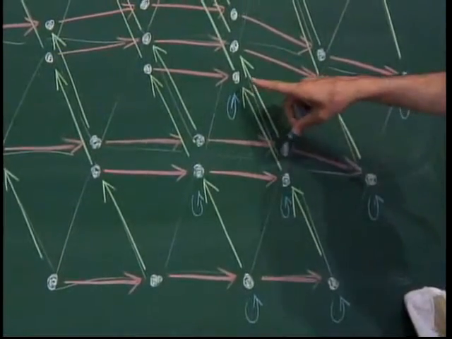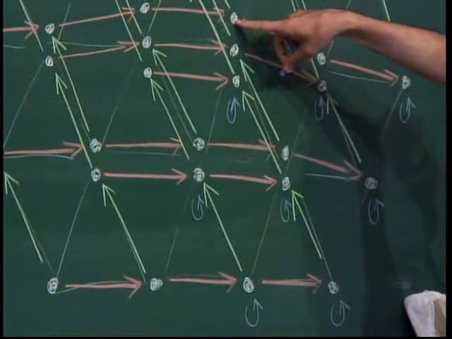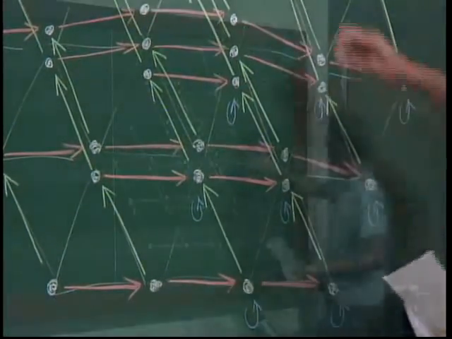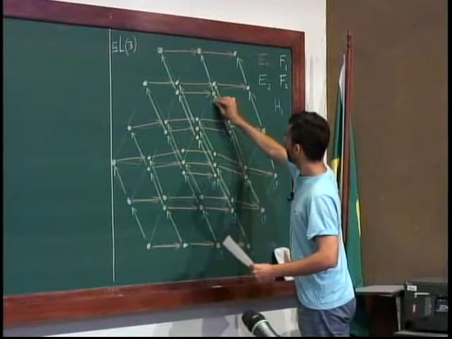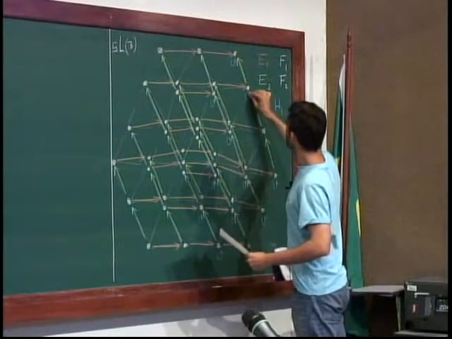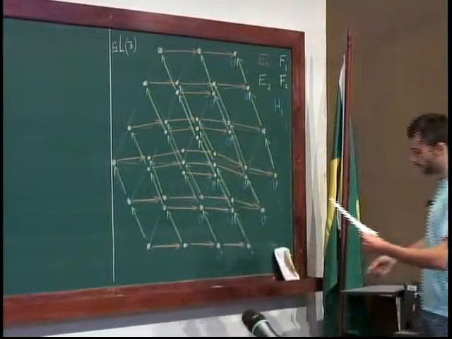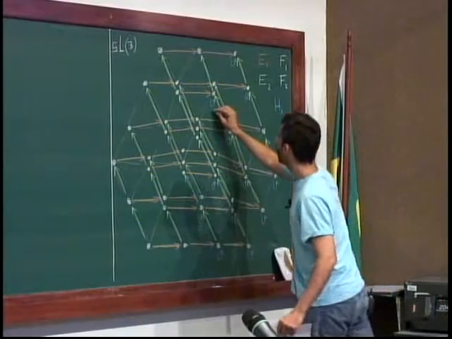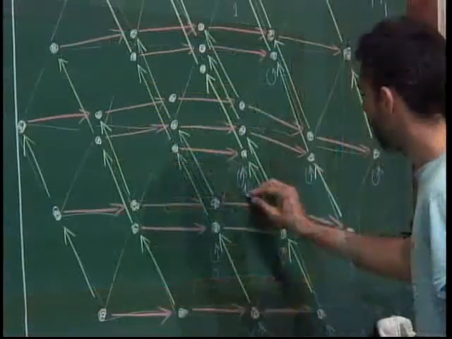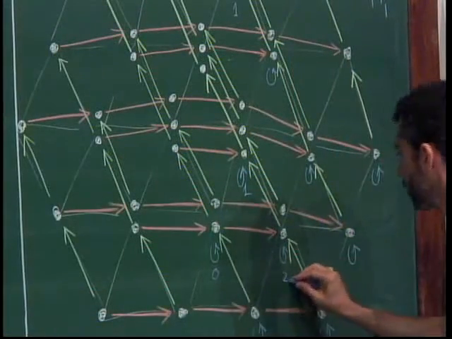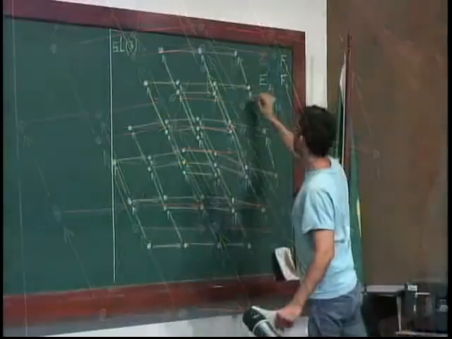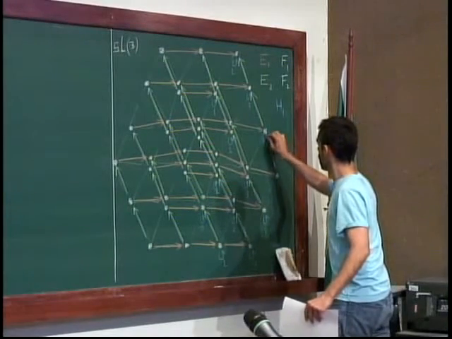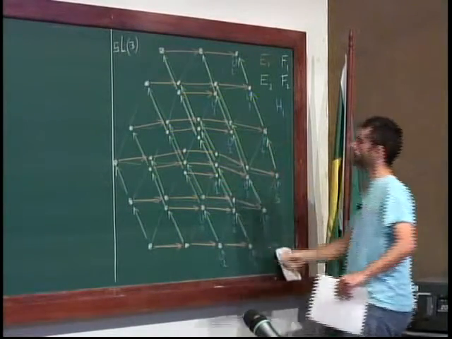So here I draw it like this, but I really mean this basis vector goes to itself, that one goes to itself, that one goes to itself. And the coefficient is, well, let me just draw it. So this is 0, this is 1, this is 1, this is 1, this is 2, this is 2, this is 2, this is 3, 3, 3, 4, 4, and 5.